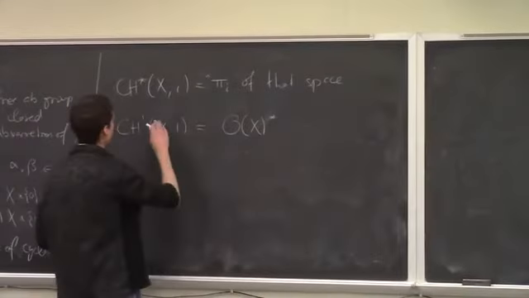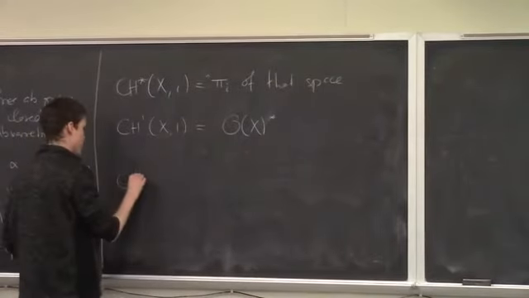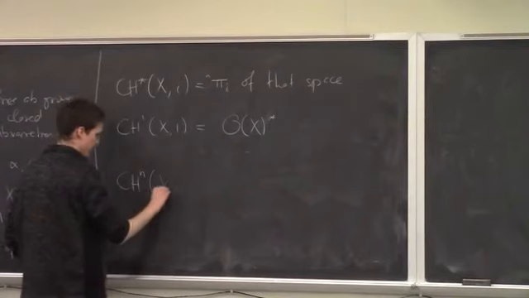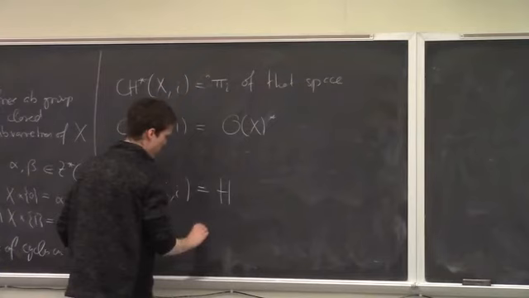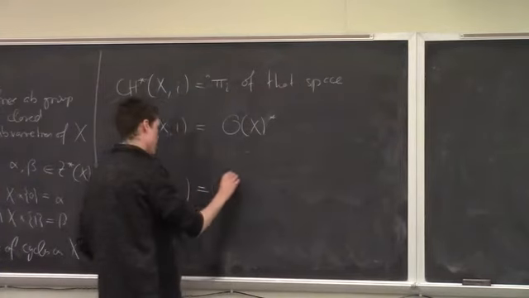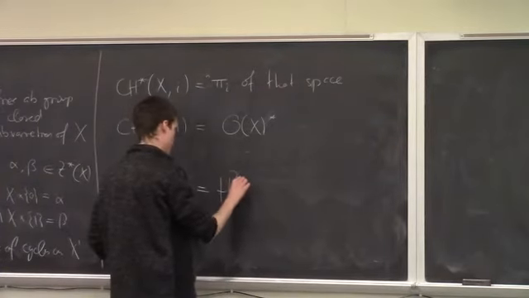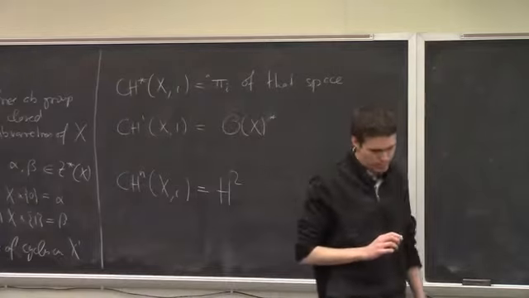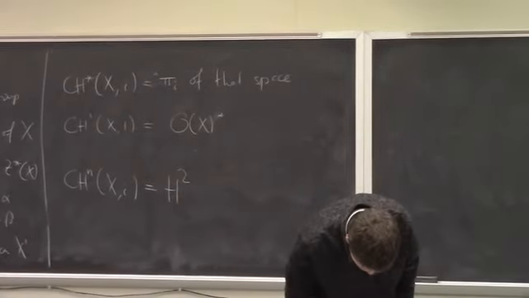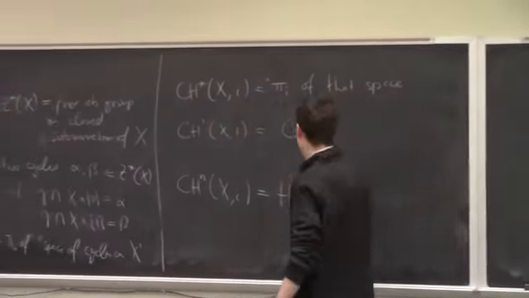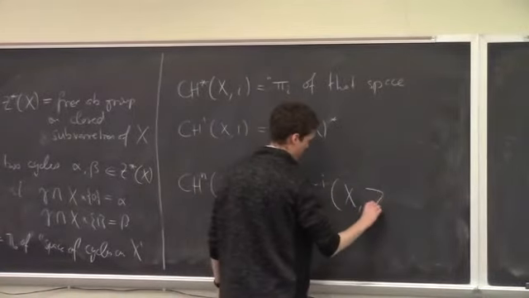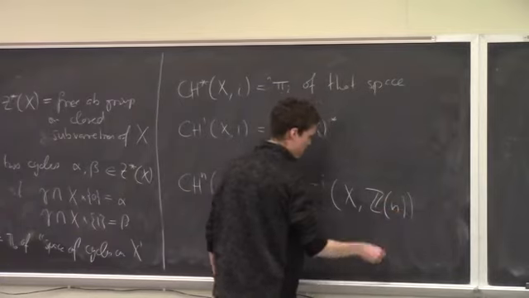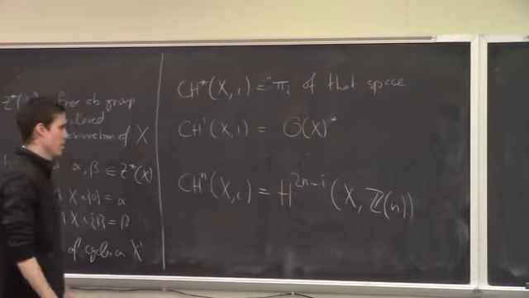Okay, so let me introduce an alternative notation. This is the Chow notation, and this is also denoted H^(2n-i)(X, Z(n)).